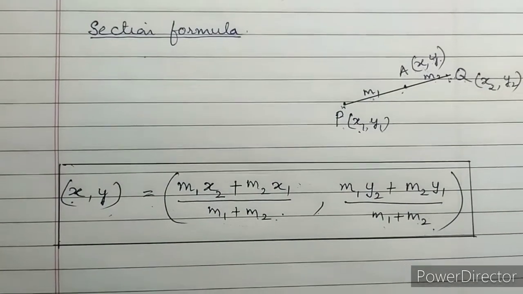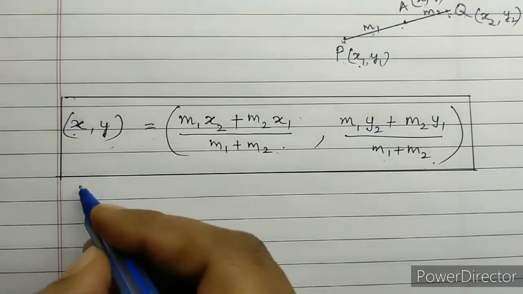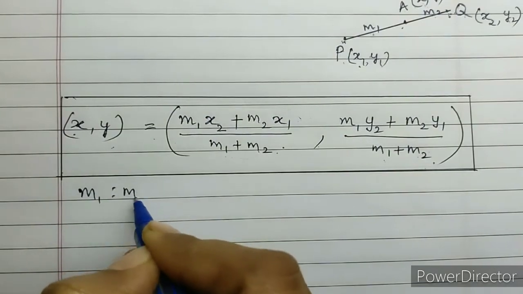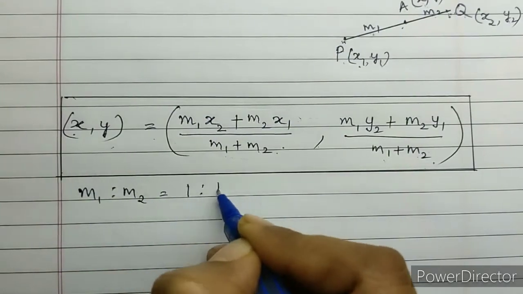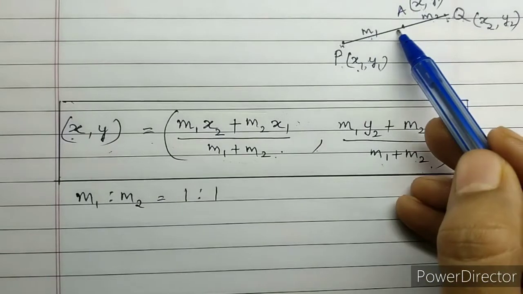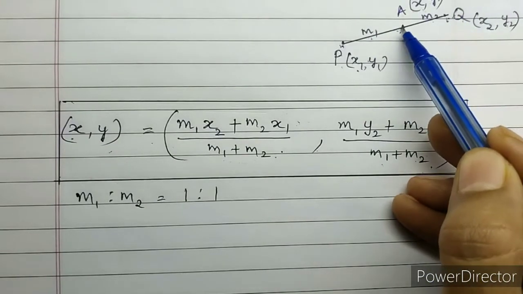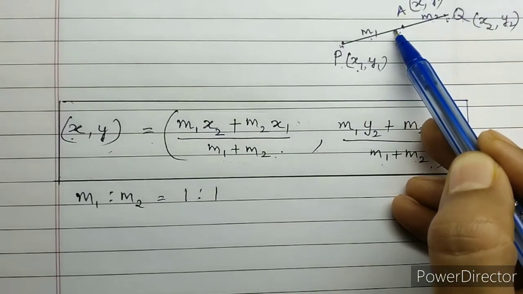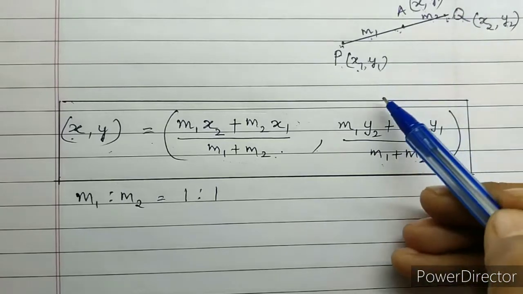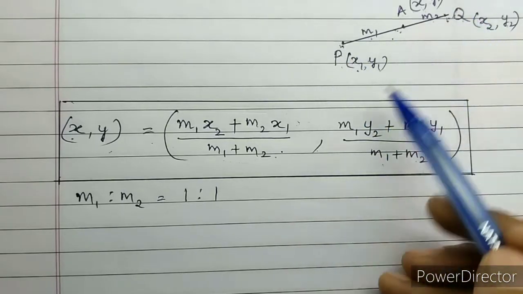So one note is there for you. If m1 is to m2 is equal to 1 is to 1, when will it become 1 is to 1? When this point becomes the midpoint of PQ, then the ratio will be the same. So we will call it a 1:1 ratio.